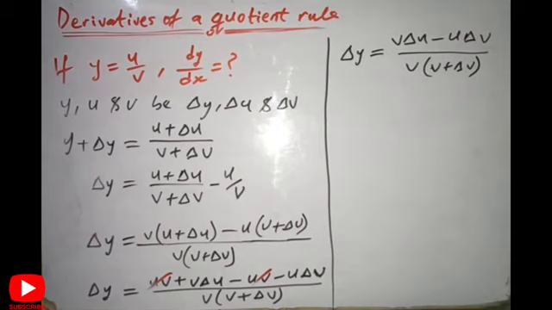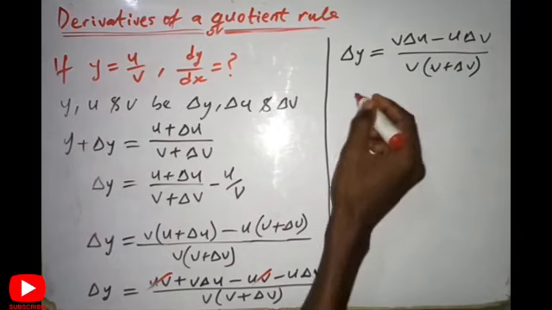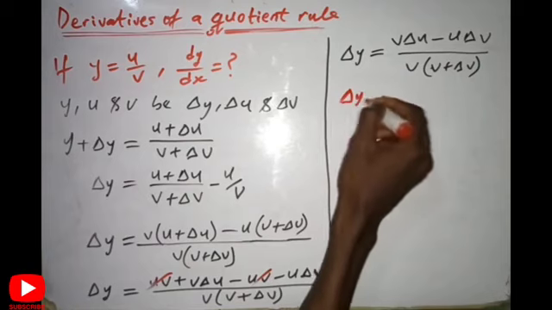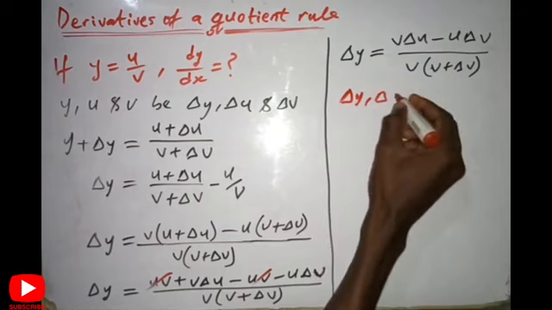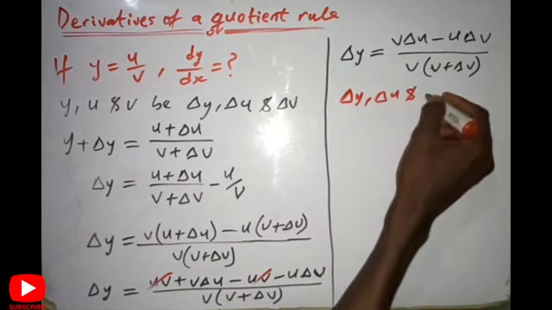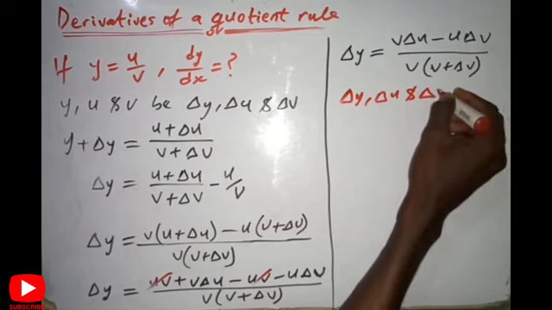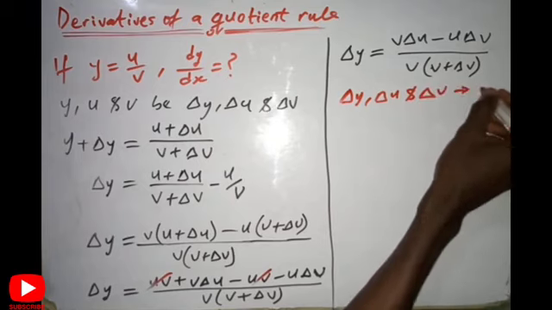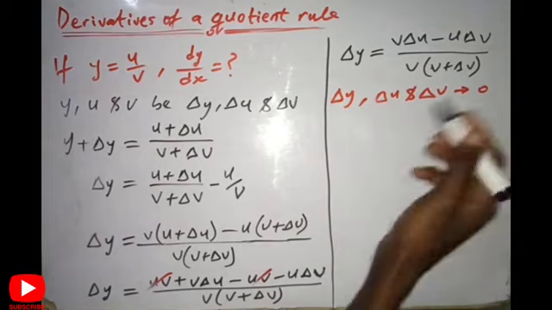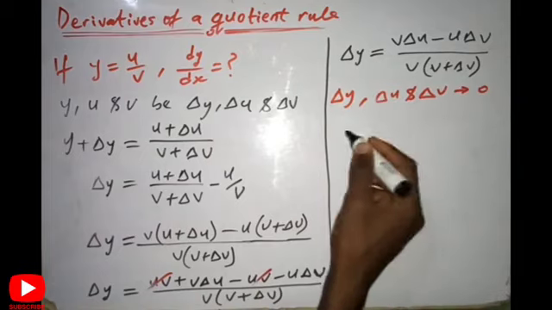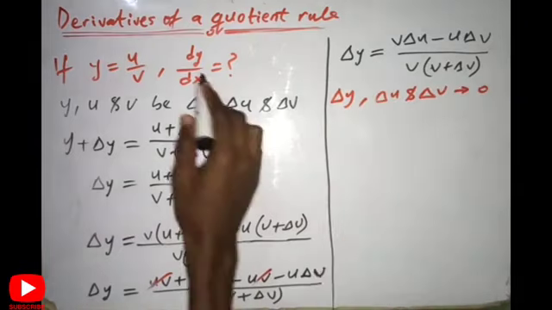Now we have to divide both sides by delta x. So when delta y, delta u and delta v approach 0, we will have dy/dx.